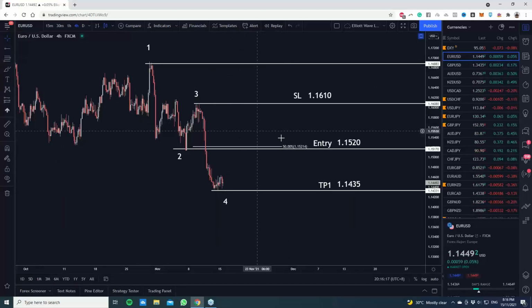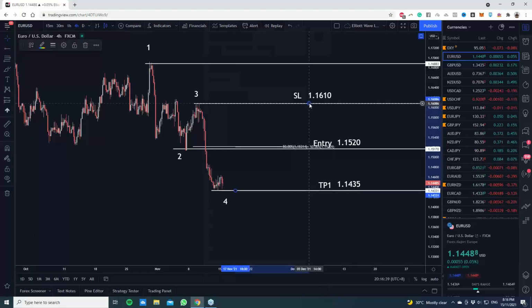Now, some of you might want to go for an extended target. In this case, we can utilize a little bit of the Fibonacci retracement or extension. You're going to pull it in the opposite direction right now. Just now we pulled it from 3 to 4 to find our entry confluence. Now, if you want to find a target, we're going to pull the opposite direction. We're going to pull from 4 to 3.